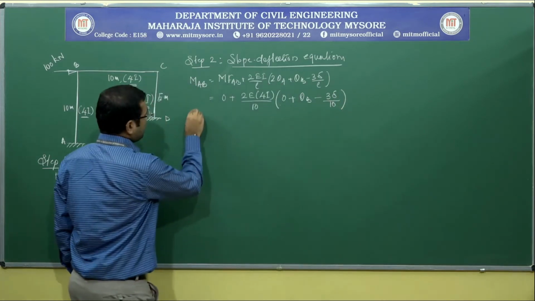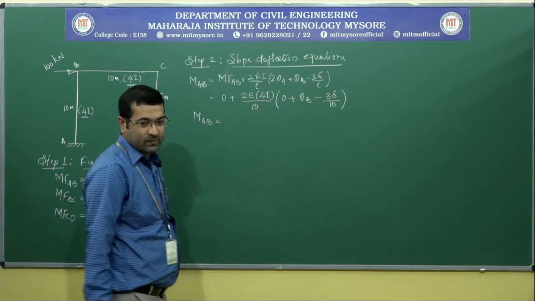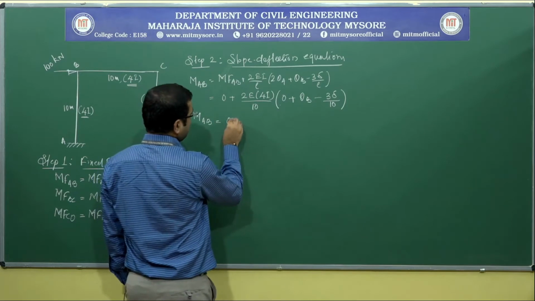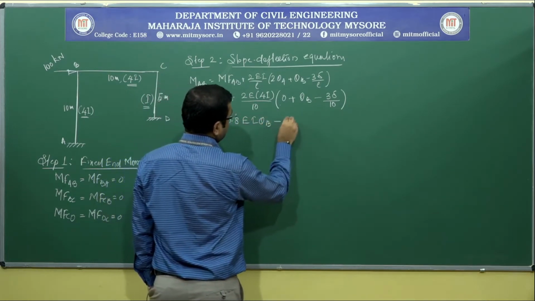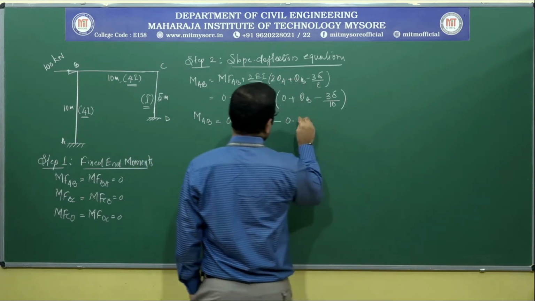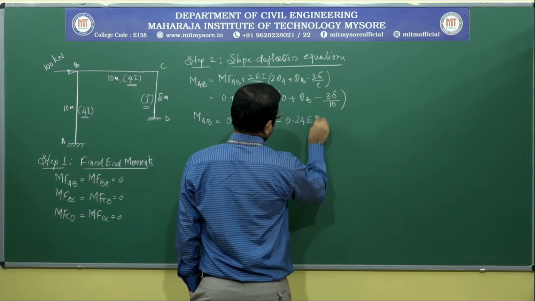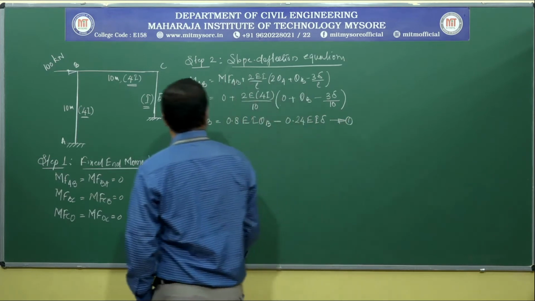So this equation yields MAB is equal to 0.8 EI theta B minus 0.24 EI delta. So let me call this equation number 1.